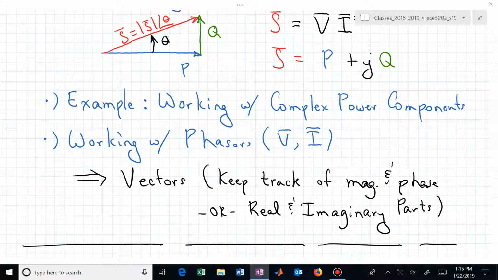You should already know that from chapter 9, but you need to remember that if we're adding V1 and V2 in a circuit, those are typically vector quantities, and you need to keep track of magnitude and phase, or the real part and imaginary parts of those phasor quantities. We can't just add up their magnitudes and hope that that gives us the correct answer. We have to work with these orthogonal components, the real part and the imaginary part, or the magnitude and the angle if we have it written in polar form.